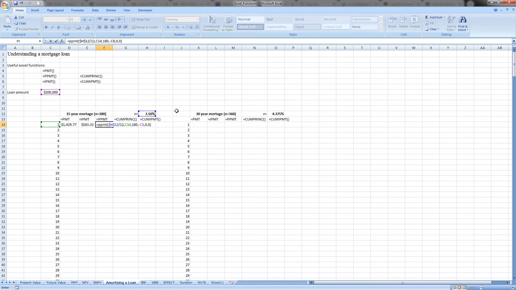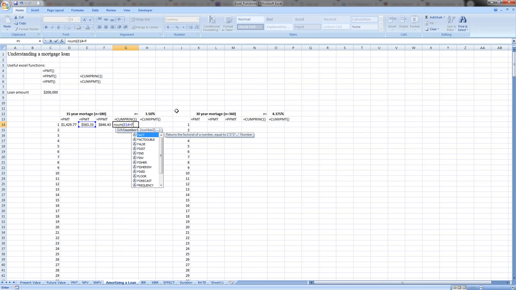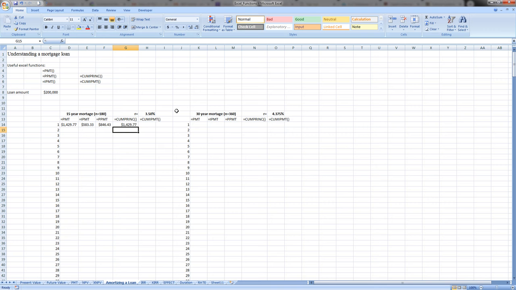Now you may have noticed I'm typing 0 in for type on each of these, where technically it doesn't have to be entered. The reason being is once we get to the cumulative principal and cumulative interest, if we don't type in a 0 for type, the function doesn't work correctly. So we can sum these quickly just to make sure that our functions are being employed correctly. And we see that it adds up, so we know that our functions are correct.